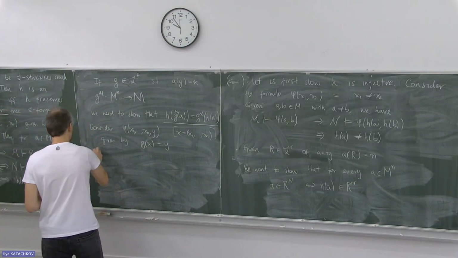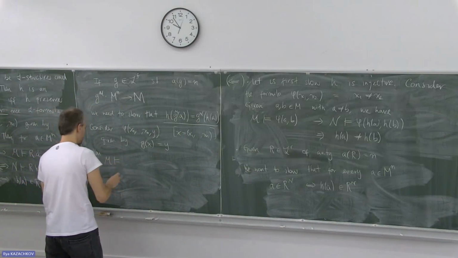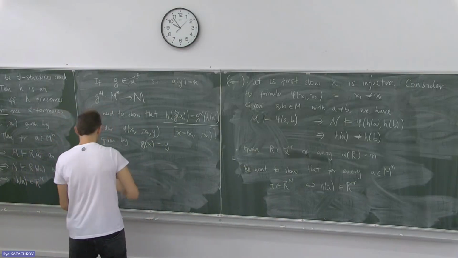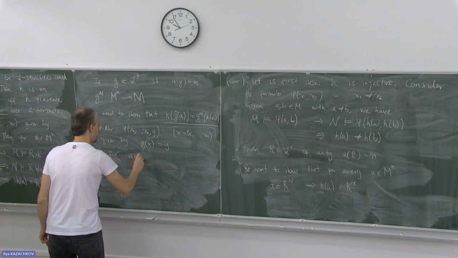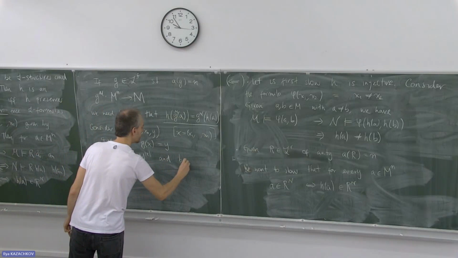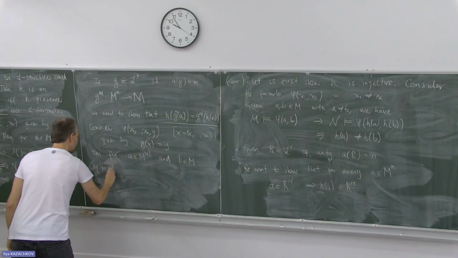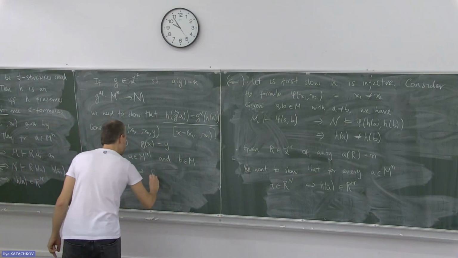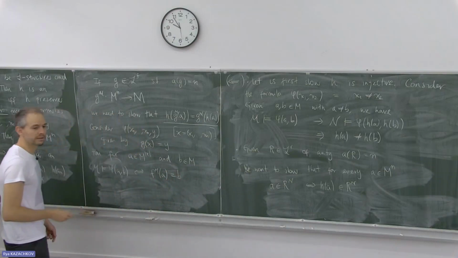Then, of course, we have that for a in M^n and b in M, M satisfies this formula at a, b if and only if g of a equals b, right?